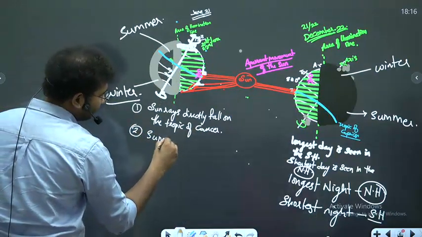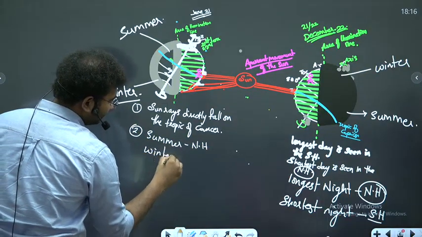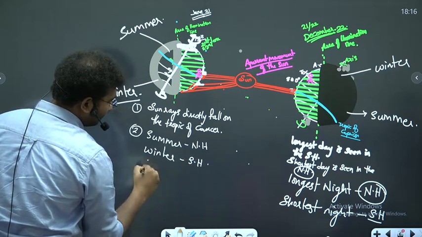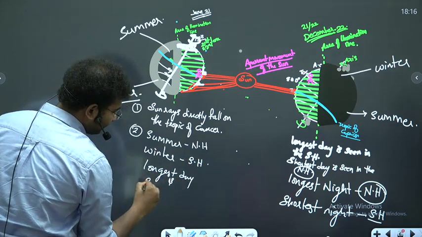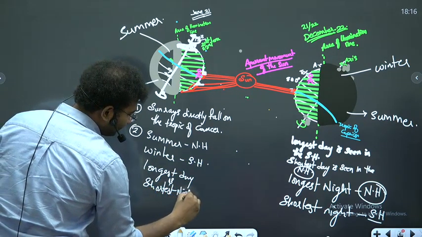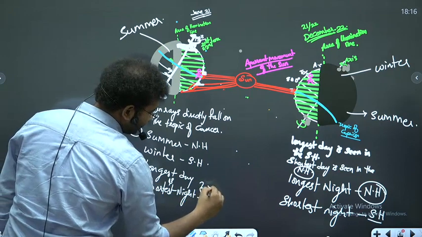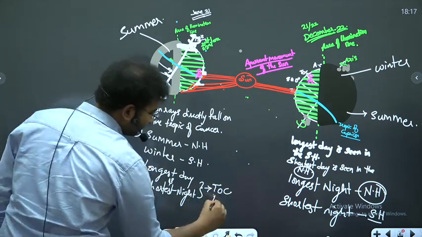Summer in Northern Hemisphere, winter in Southern Hemisphere, longest day and shortest night is seen on Tropic of Cancer. ठीक है? That is in the Northern Hemisphere.